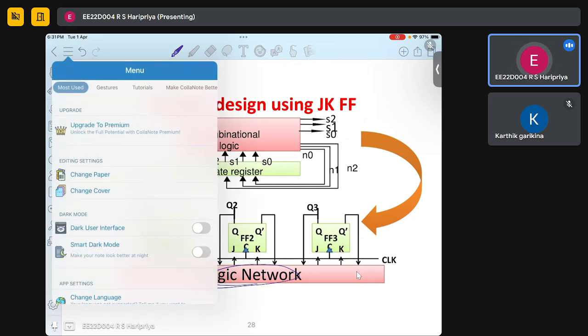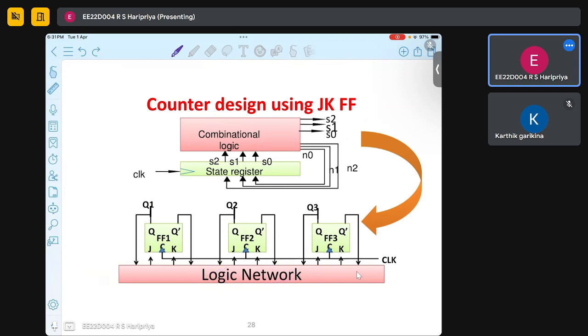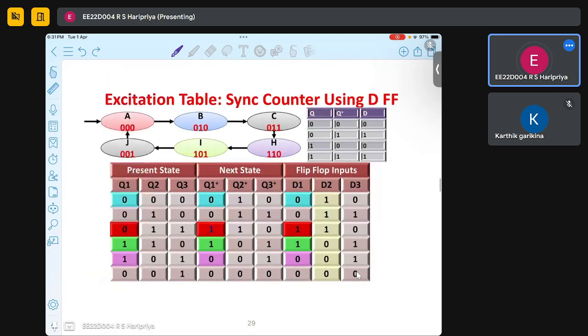So this is the synchronous counter using D flip-flop. So this is the counter. Now this is the present state. Next state, what will be the D input? It will be same as this one, because excitation table is this, B and then D.